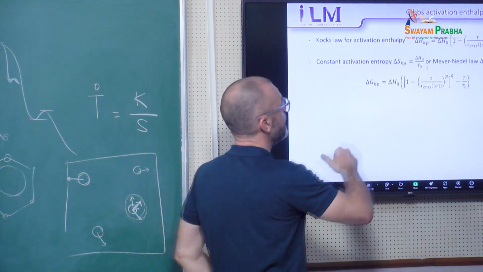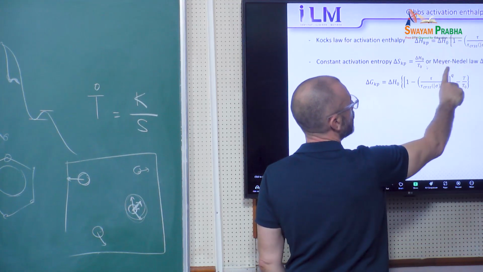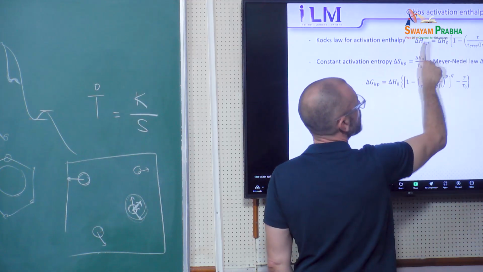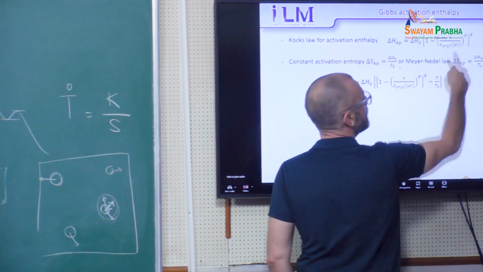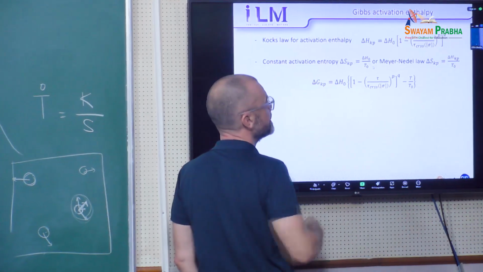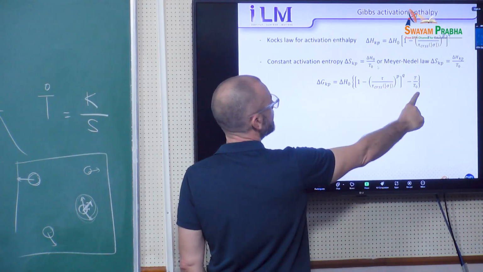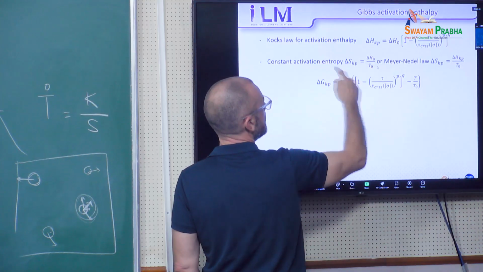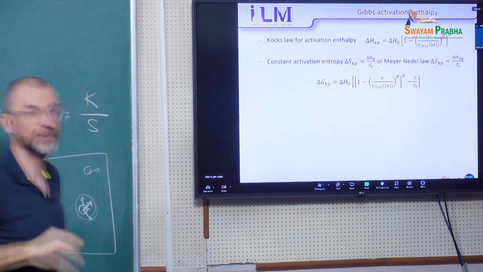Or what some people have done is that they have assumed that the entropy follows the so-called Meyer-Neldel law that says that the activation entropy should be proportional to the activation enthalpy. Again, this is an empirical law that has been observed in different systems. So you can pick one or the other. Here, what they have done is they have assumed that the entropy is constant.